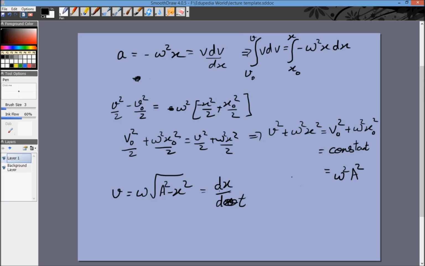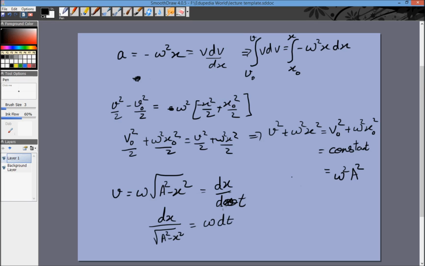So this is equal to dx by dt, which gives me dx by root of a squared minus x squared is equal to omega dt. Now root of a squared minus x squared has an integral sine inverse x by a.